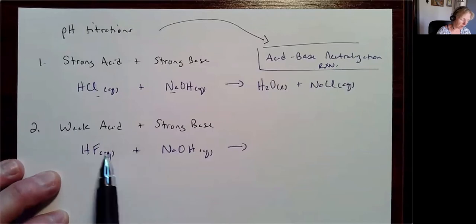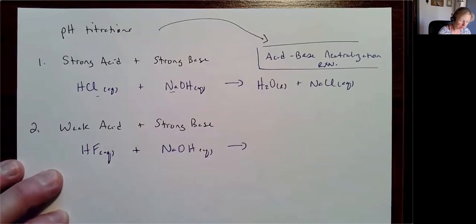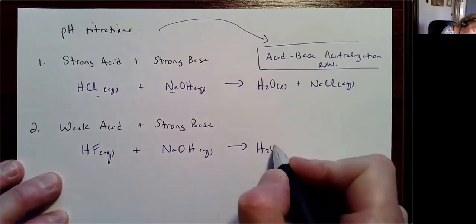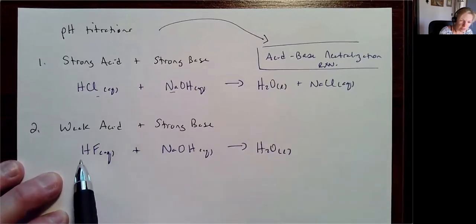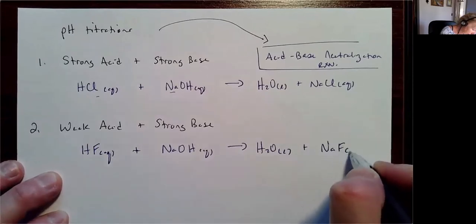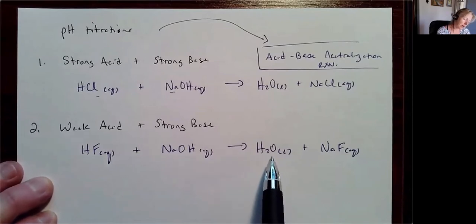And so I'm forcing the equilibrium to be completely dissociated when I've added in enough hydroxide to react to form H2O. So I neutralize this hydronium ion. I'm left with sodium fluoride. So these are not equilibrium reactions. Once I form water, I'm not going to go back.